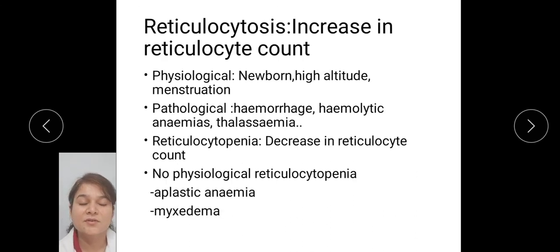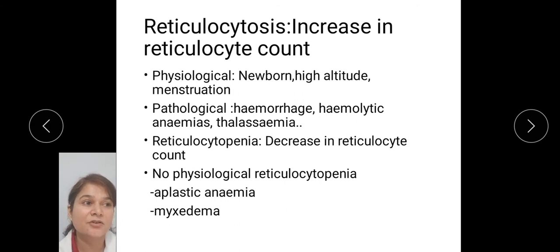Now what is reticulocytosis and what is reticulocytopenia? The word cytosis means an increase in a particular cell, here reticulocytes. If it is erythrocytes, then erythrocytosis. If it is leukocytes, then leukocytosis. So the increase in reticulocyte count is known as reticulocytosis. Physiologically, it is present in the newborn. We have seen in newborns it is much higher.